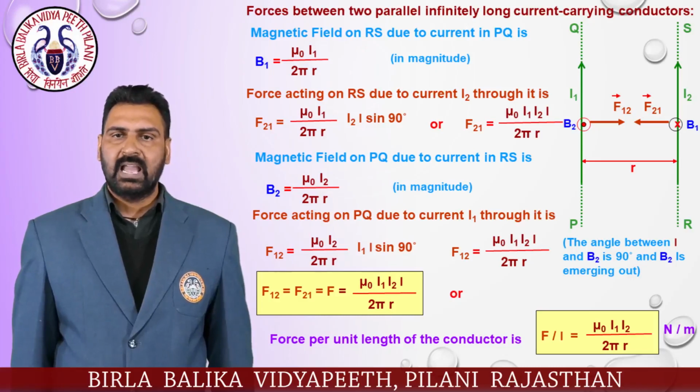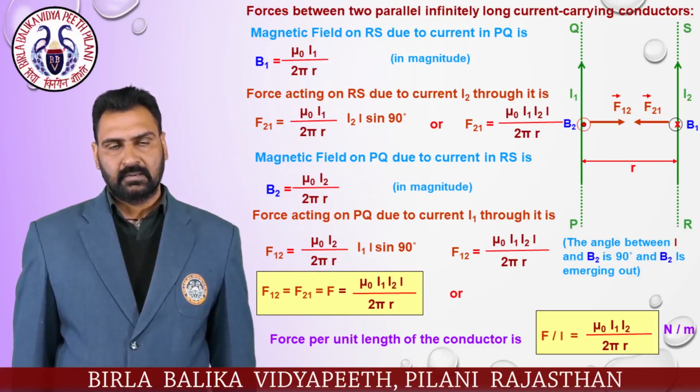So the angle between L and B1 is 90 degrees. L is the length of the conductor.